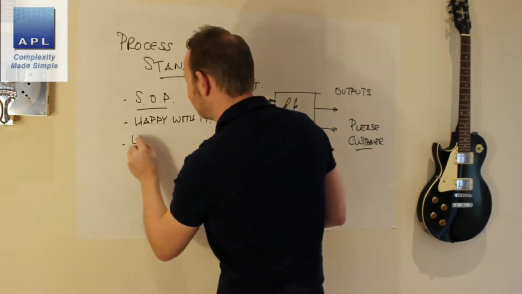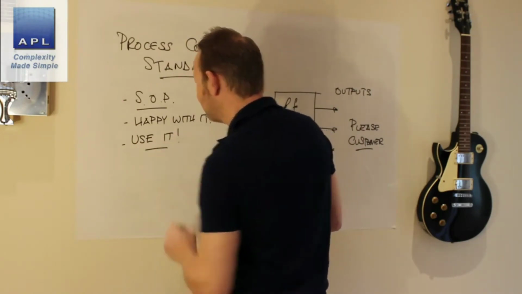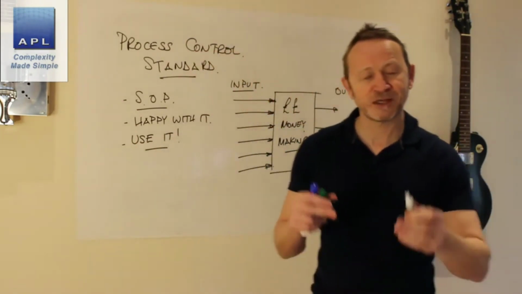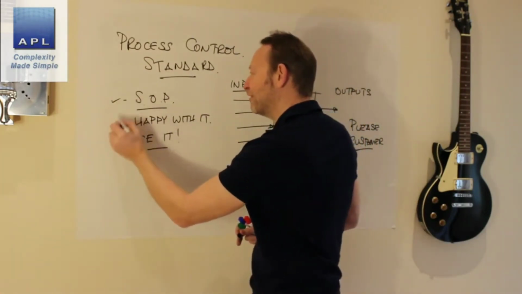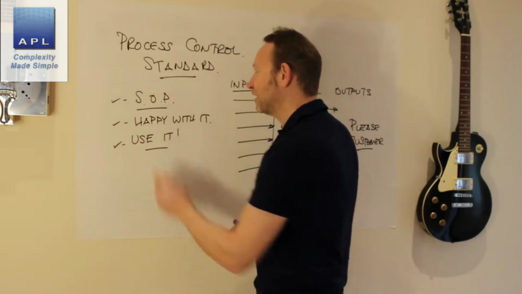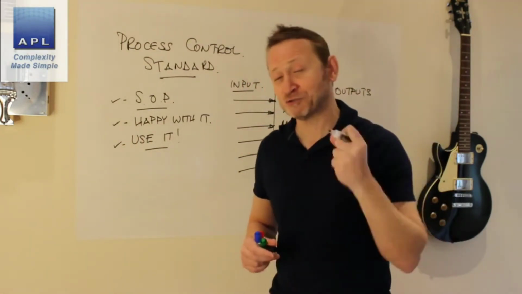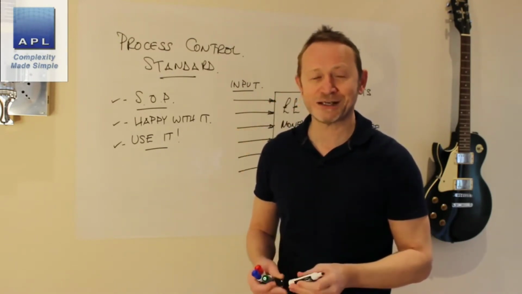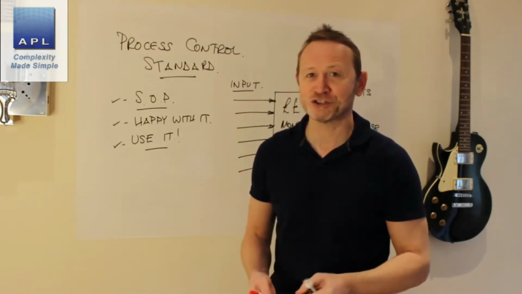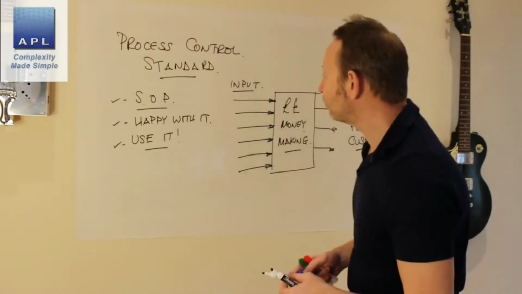And finally, you should use it. If you don't get a tick in all 3 of those, then you don't have the variable under control. You don't have the input under control. So you must get a tick in all 3 regions in order to say that the process is under control.